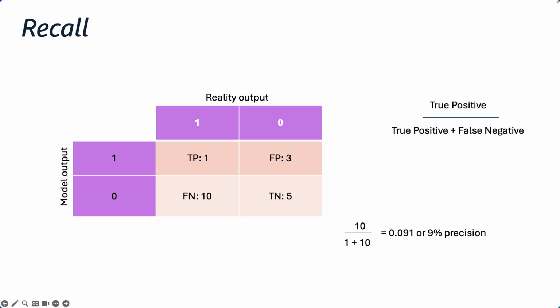And the recall changes to 0.091 or 9%. So let's pause here again because I want to point out that if you change the false positives or true negatives, it does not affect the recall value. So it is important to realize that recall and precision do not give you a whole picture, but they give you a focused picture on the true positive number.